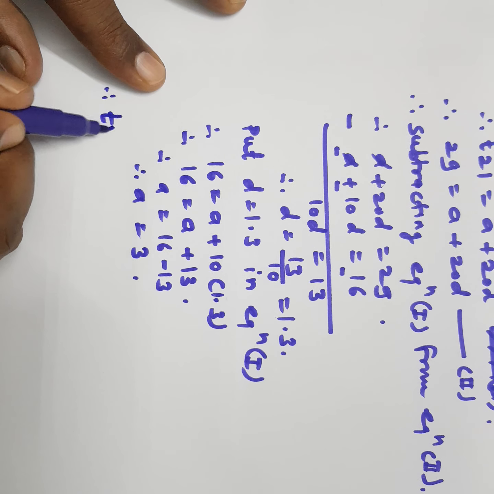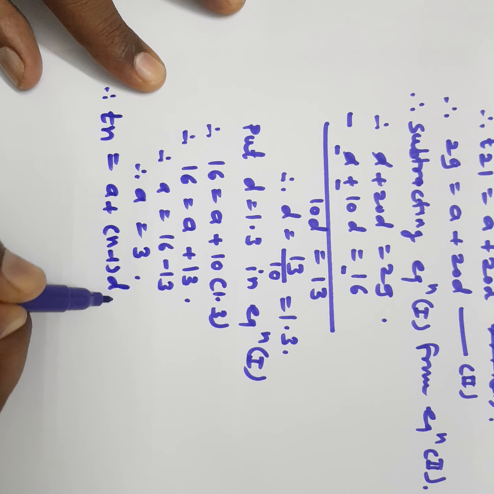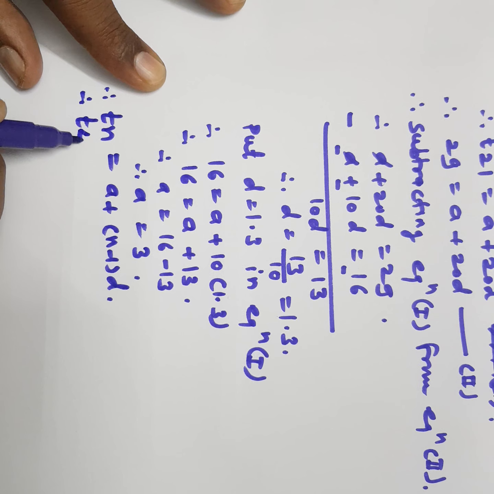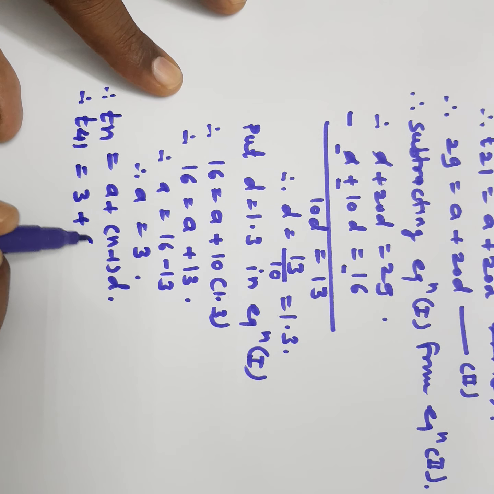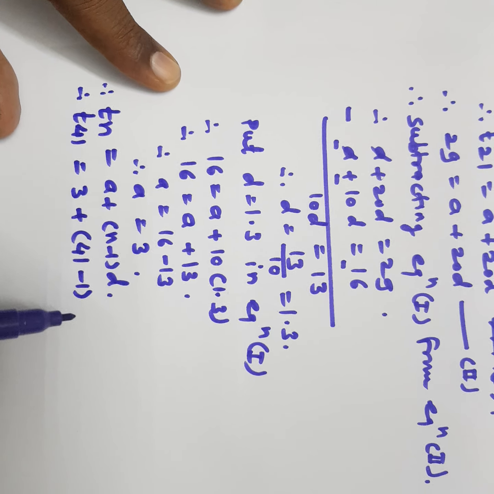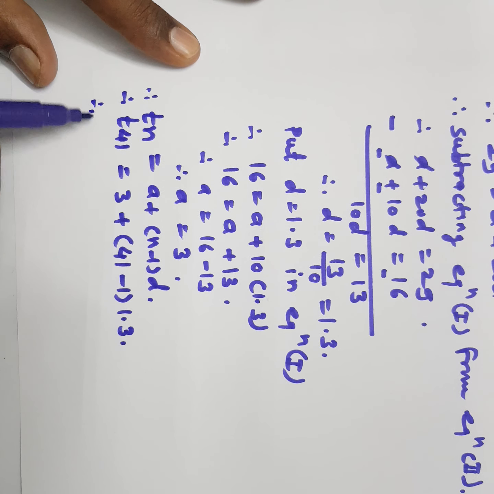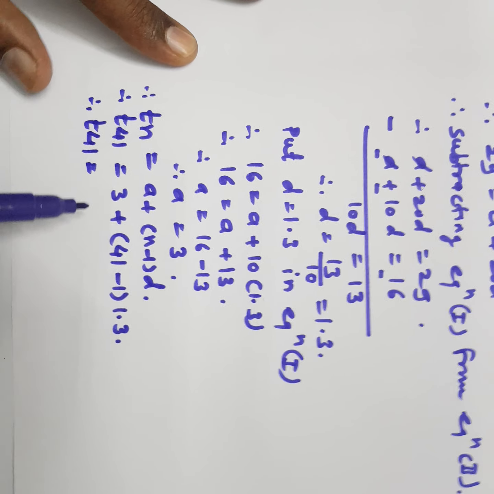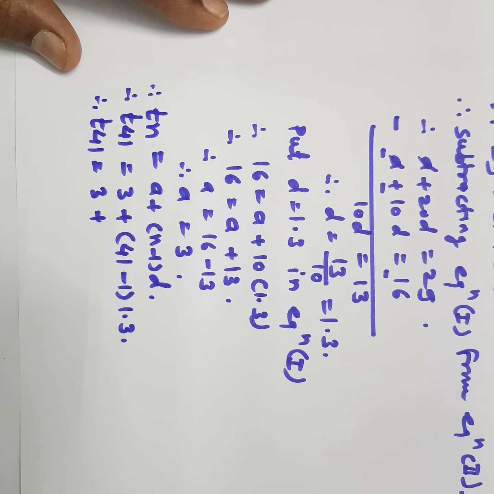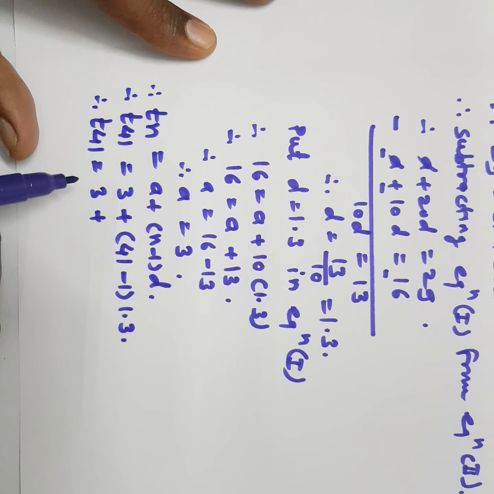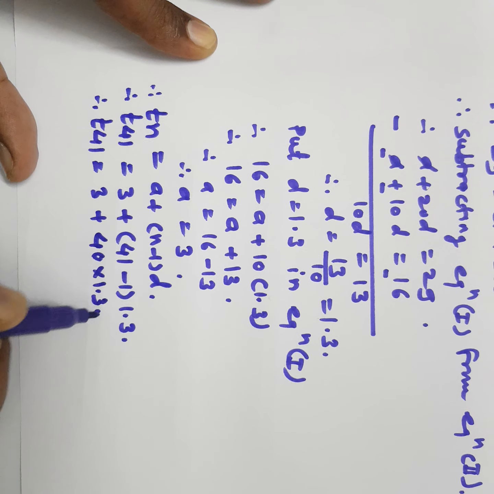Therefore by using the formula Tn is equal to a plus n minus 1 into d, T41 is equal to, the value of a is 3 plus 41 minus 1 into d, 1.3. Therefore T41 is equal to 3 plus 40 into 1.3.